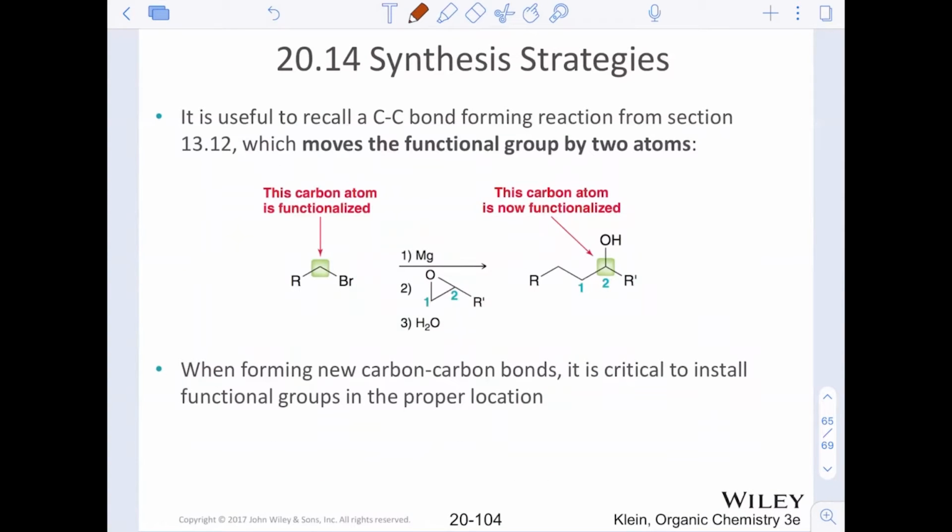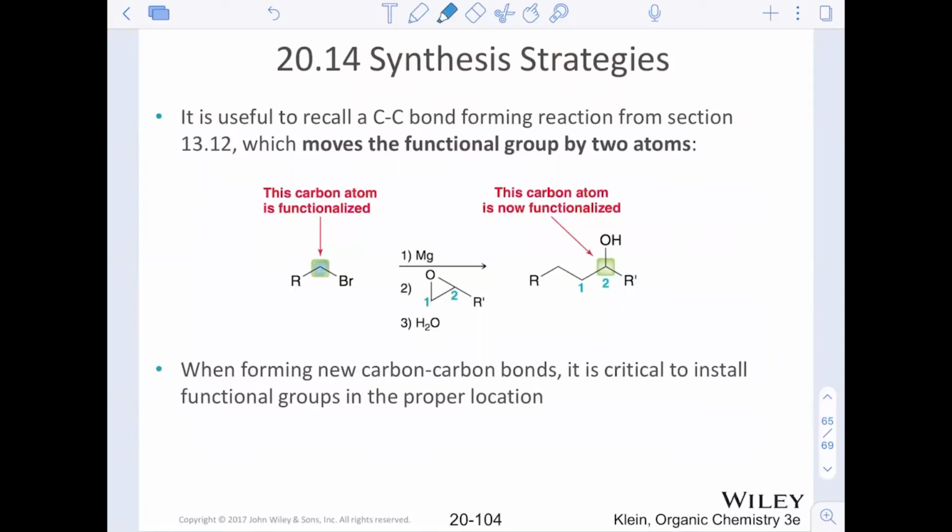All right, it is useful to recall that carbon-carbon bond formation from section 13.12 that was really the Grignard reaction chapter, which we are going to be discussing a little bit more right now with identifying other functional groups, right? Grignards are really, really important, and we are going to continue looking at Grignards in chapter 21.